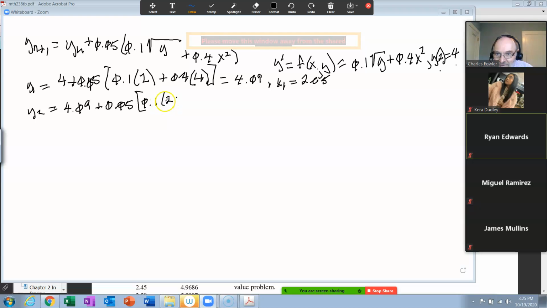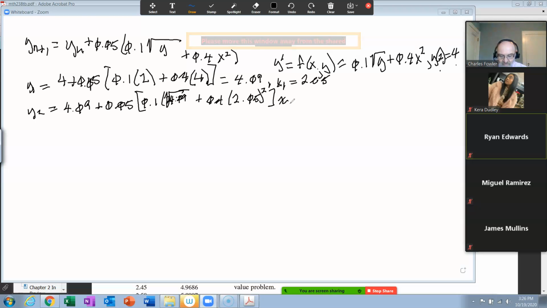Wait, that's not right. The square root of 4.09, and I don't believe that is 2.3, but we'll see in a minute, plus 0.4 times 2.05 squared, close parentheses, and see what that will yield.